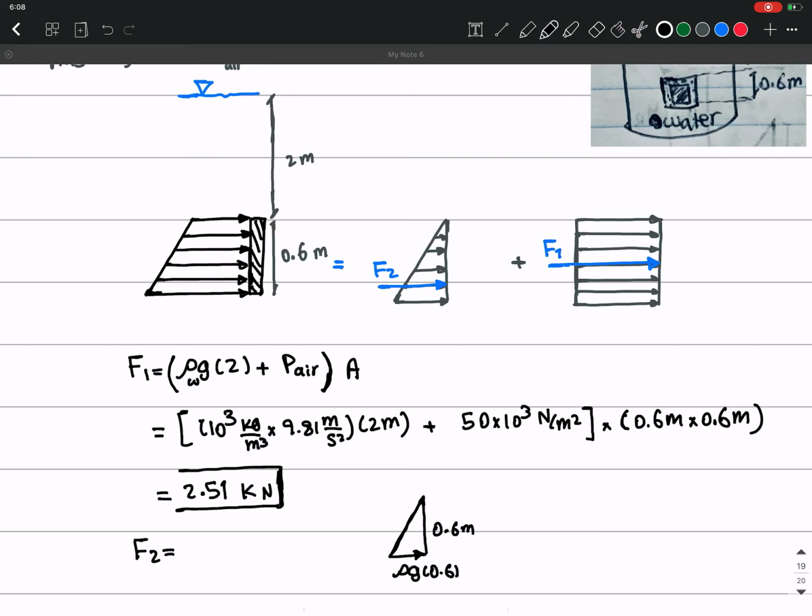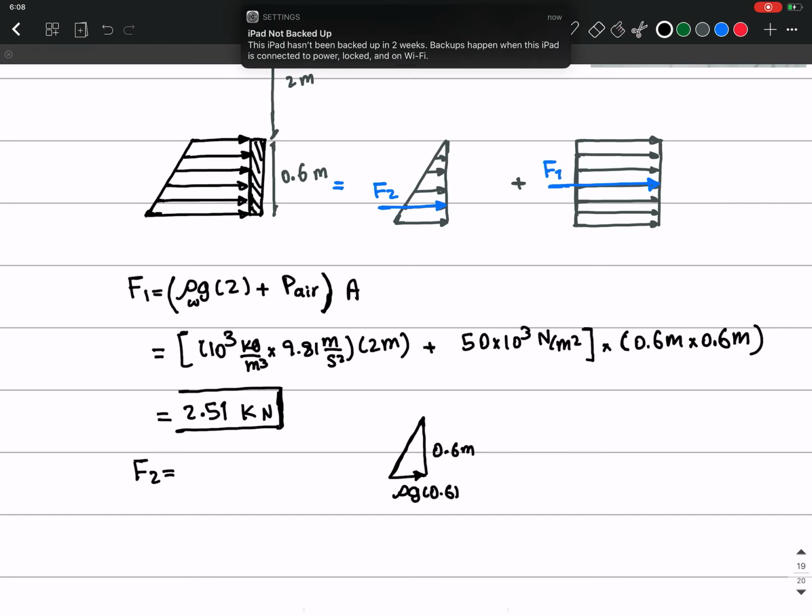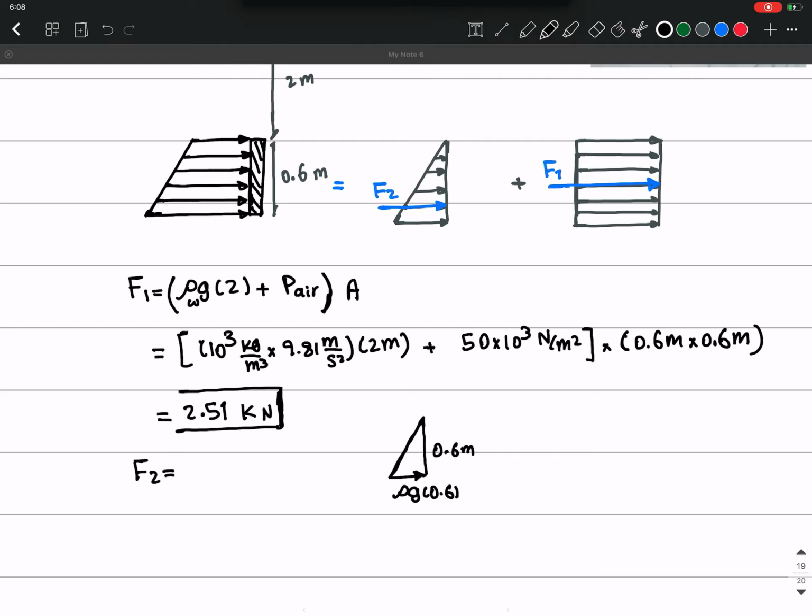Okay, so it's going to be rho g 0.6 meter. This is the pressure, right? It starts from 0 to 0.6 meter, rho g 0.6 meter.